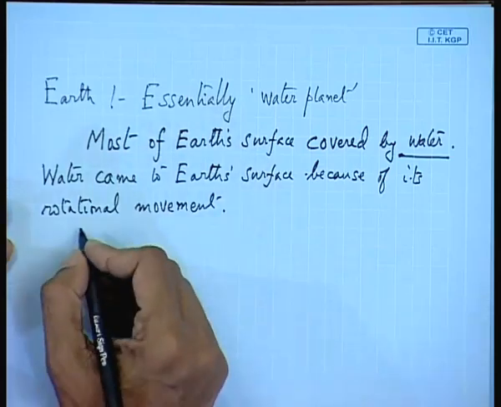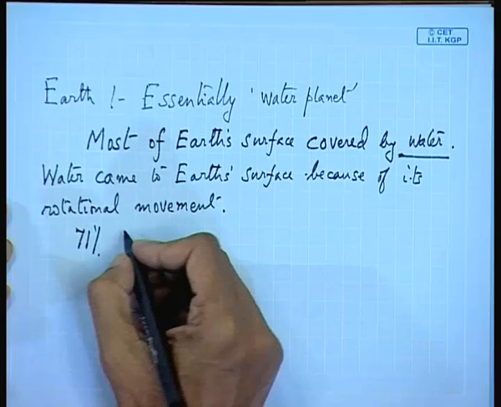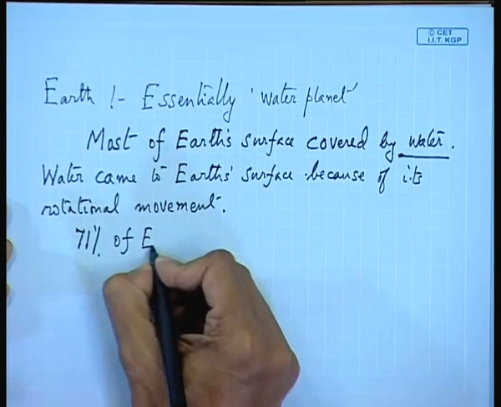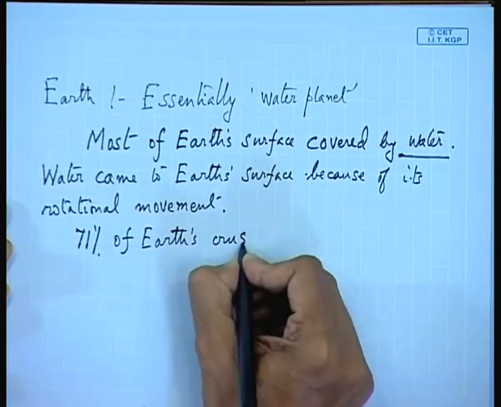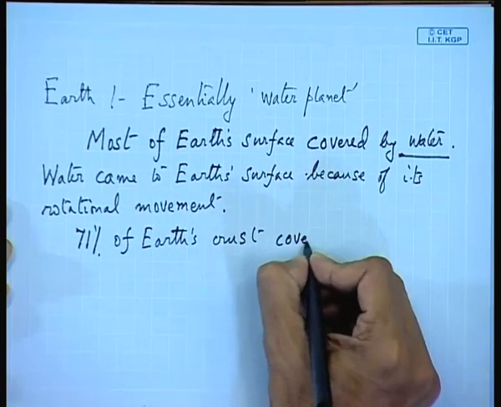Now, the amount of coverage is 71% of the earth's crust. You will be surprised to know that 71% of the earth's crust is covered with water.